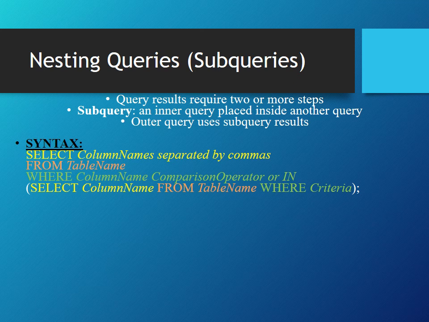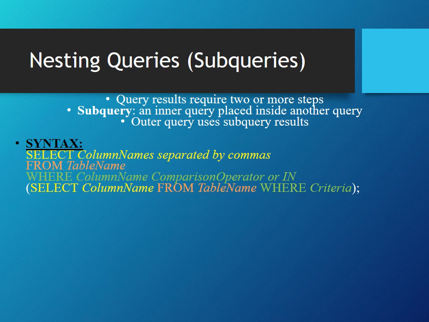The innermost statement is executed first, and then the outer statement uses the information in the inner statement for its results. Also note that the column name in the innermost select statement must match the criteria and column name in the outermost statement.